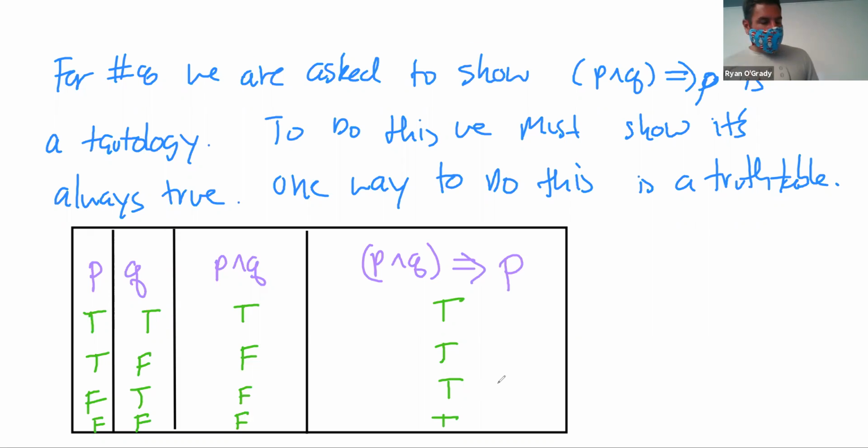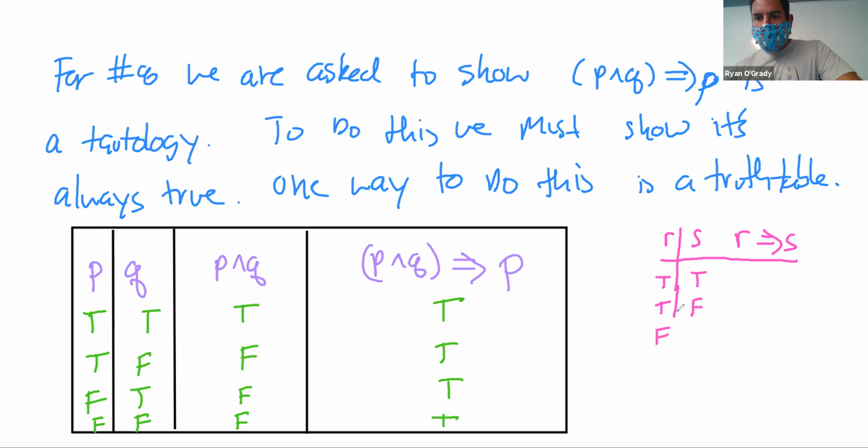So let me explain this. This is important because I don't know if you guys are understanding what I mean. A good way to think about this is to use different variables. It might be helpful for you to do this. I'm using, let's say, R and S now, and then let's say R implies S. So for implications, this is true, true, true, false, false, true, false, false.